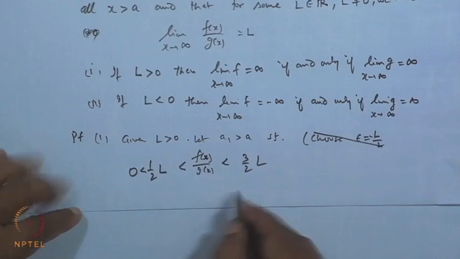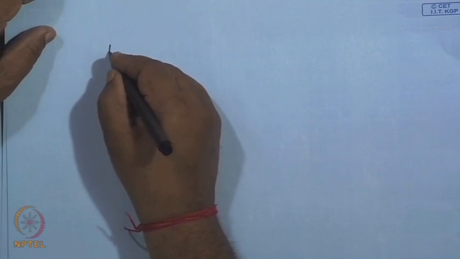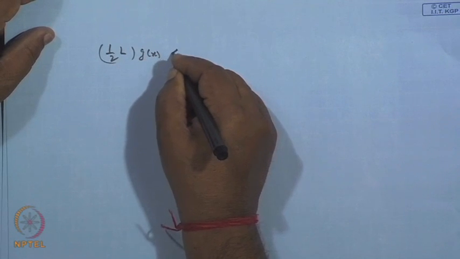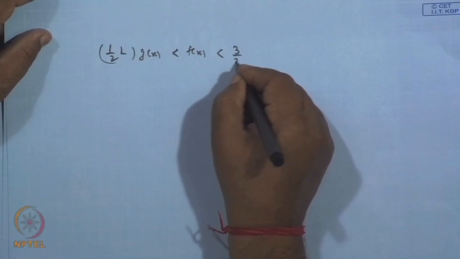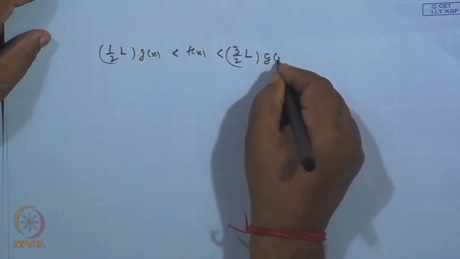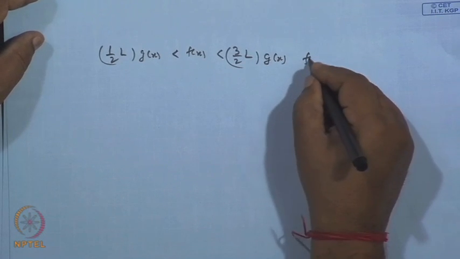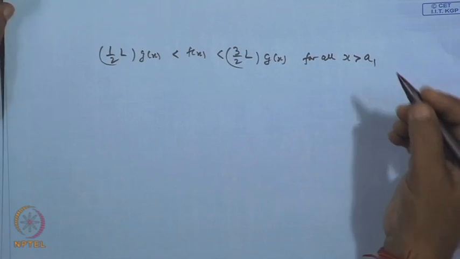Therefore, multiply by g(x), because g is given to be positive. We get half L times g(x) is less than f(x), which is less than 3 by 2 L times g(x), and this is true for all x greater than a1.